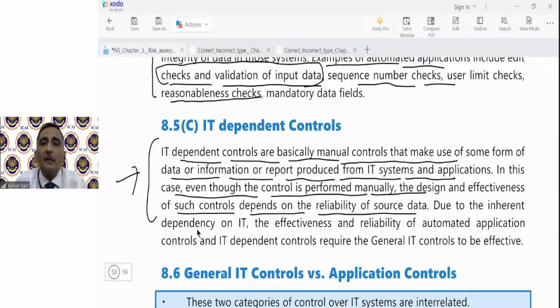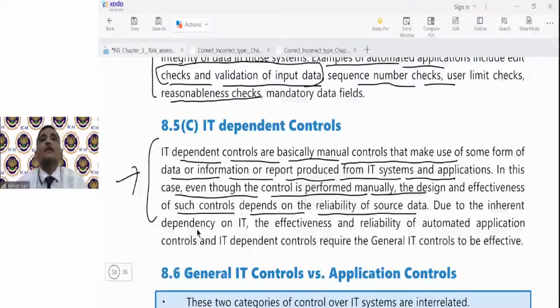Such controls are called IT dependent controls because these are dependent upon the reports and the data generated by IT systems. If the data generated by the IT system is not reliable, then a proper decision will not be taken. So this is the importance of IT dependent controls.